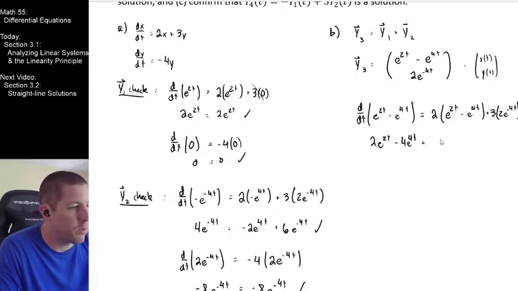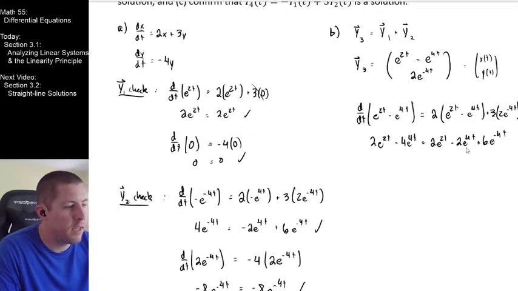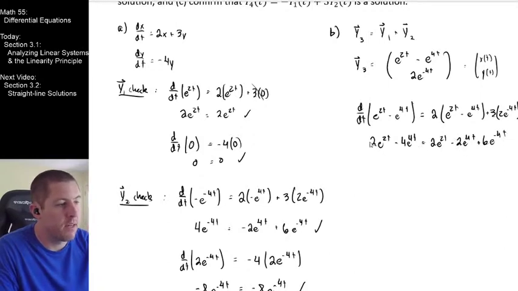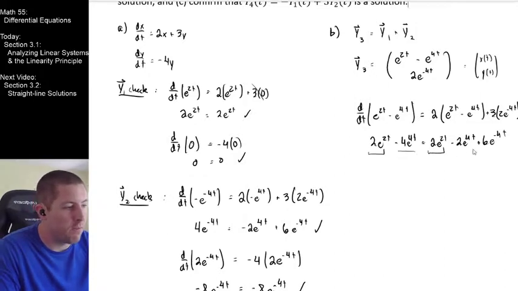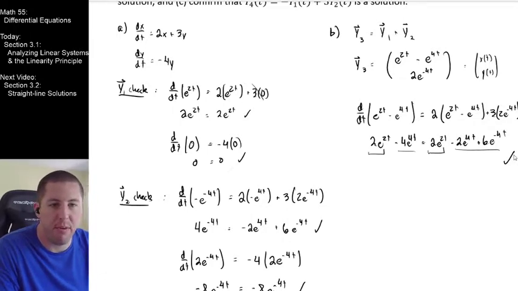And that should be equal to, what are we getting? 2e to the 2t minus 2e to the 4t plus 6e to the negative 4t. And I am seeing here the 2's, positive 2 of them and positive 2 of them. That's good. I'm also seeing negative 4 of them with negative 4 of them right there. So I feel very good about that. I don't think I need to write out some more math right there. We can see it. That's definitely an equality right there.